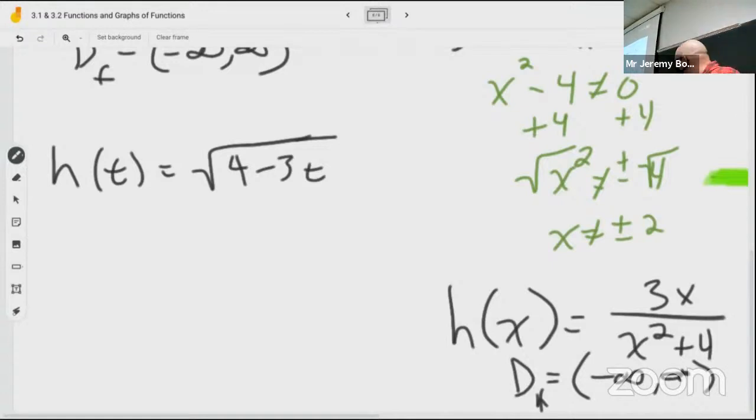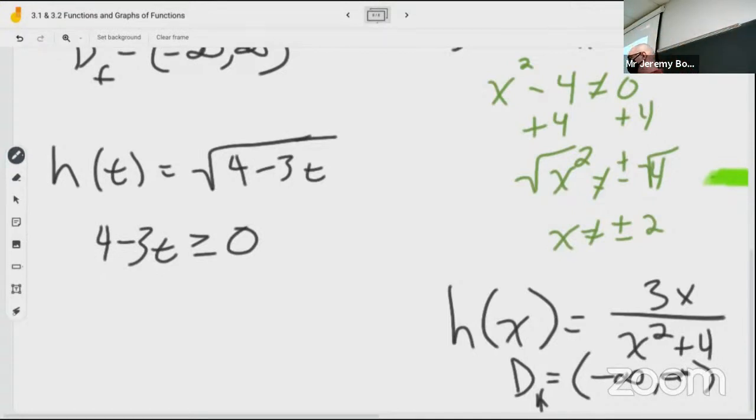There's no variable in the denominator, but there is an even root. And so we want the algebraic expression inside the even root to be greater than or equal to 0. So we're going to say, well, 4 minus 3t is greater than or equal to 0. And we're going to see what makes it so, and that's what our restriction is going to be.